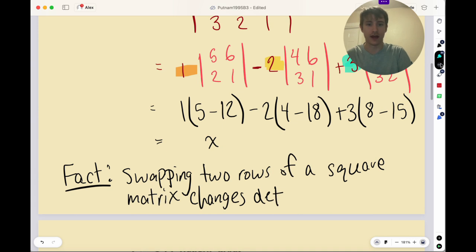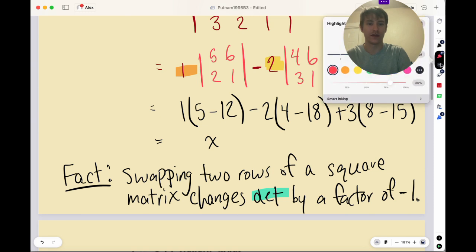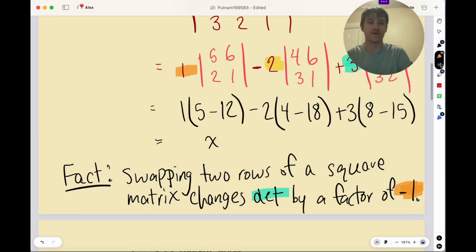I'm just going to abbreviate that DET, the determinant, by a factor of -1, which is exactly what we wanted, right? Just in orange, by a factor of -1.